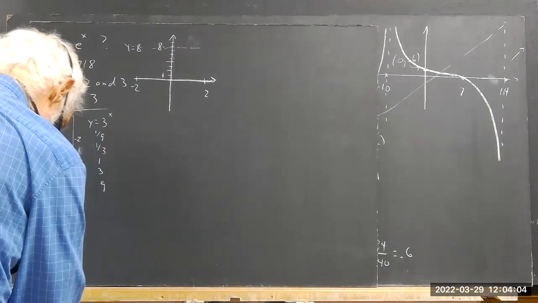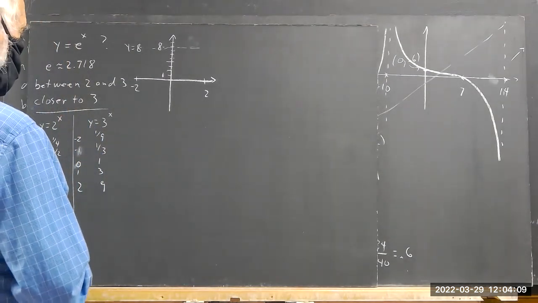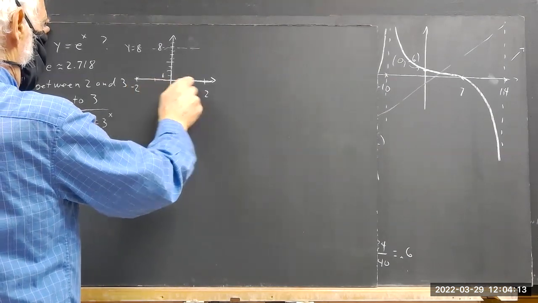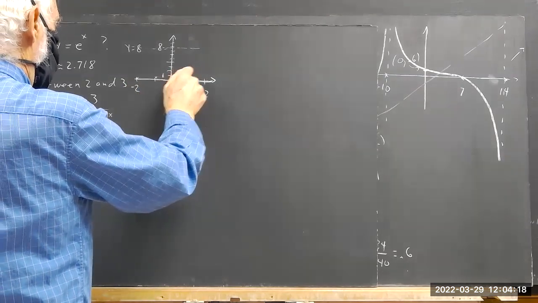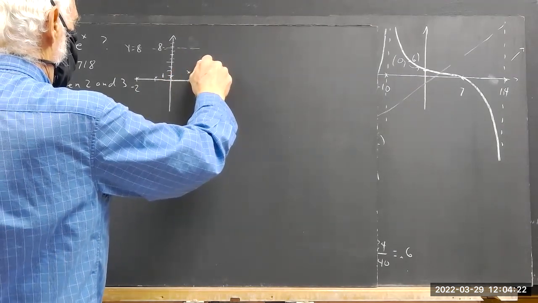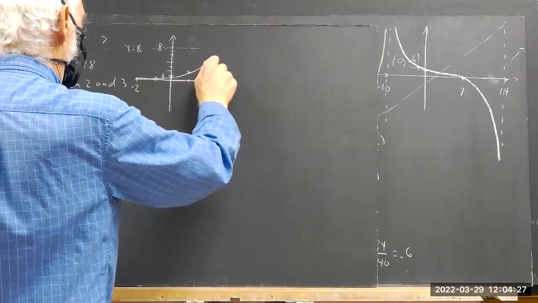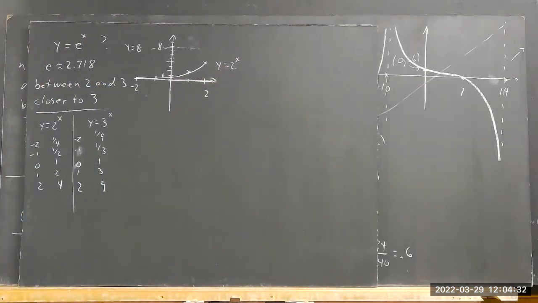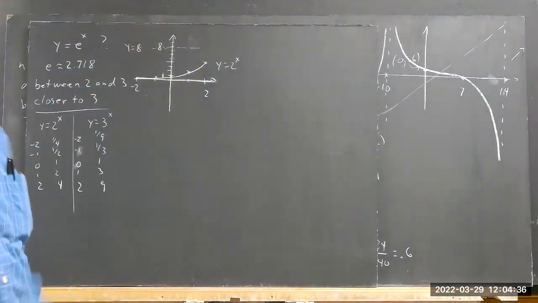If x is -2, then 2 to the x would be, of course, 1/4. And then you've got -1 and 1 and so forth, and 1/2, and 1, and 2, and 4. So there's your graph of y equals 2 to the x. It looks a little flatter because I had to use bigger numbers on the x-axis.